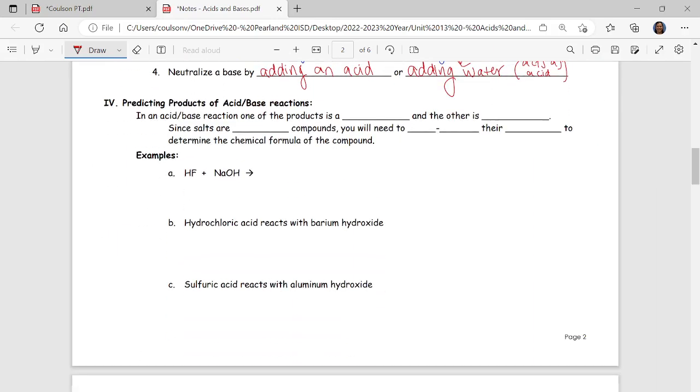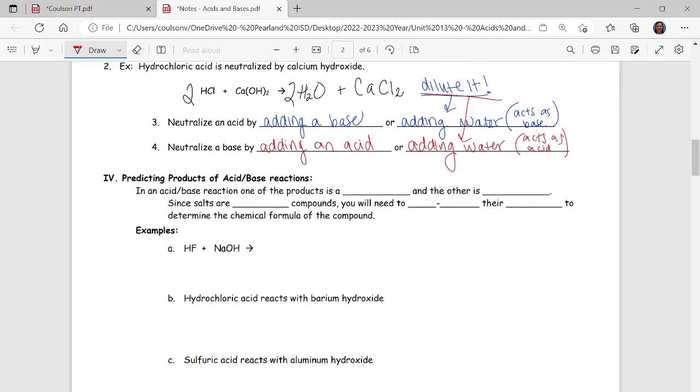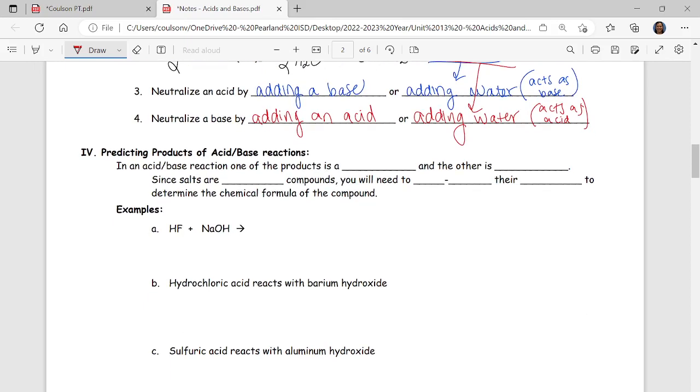And we will end with these 3 practice problems on predicting the products of acid-base reactions. So this is something that we have been doing pretty consistently since our reactions unit, so hopefully you haven't forgotten all of your skills. In the blanks, we're going to write in an acid-base reaction, one of the products is a salt, and the other is water.